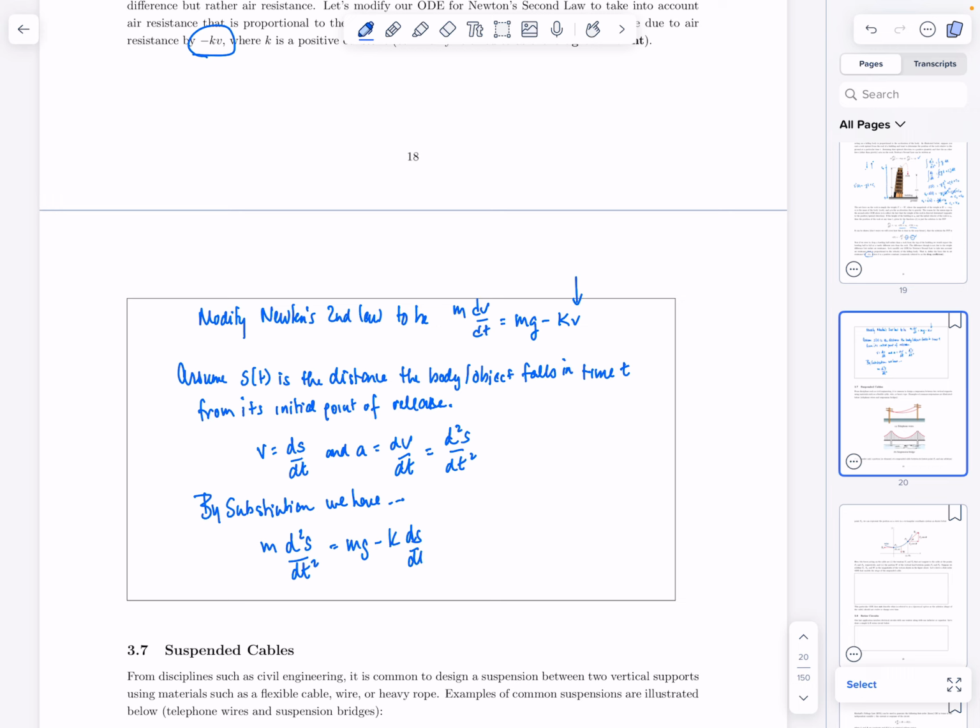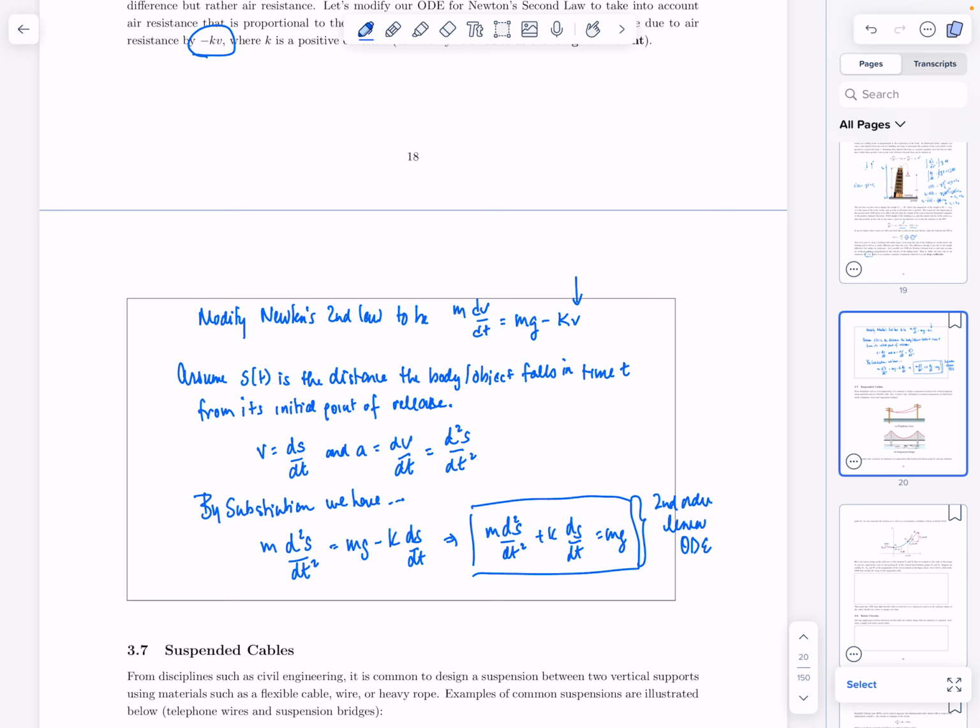And then pulling the derivative terms over to the left, we have the mass times the second derivative plus k times the derivative is equal to mg. So in fact, this is a second order linear ODE that describes the motion of the rock or the object as it falls, taking into account air resistance. So you get a different equation, different kind of solution, right?